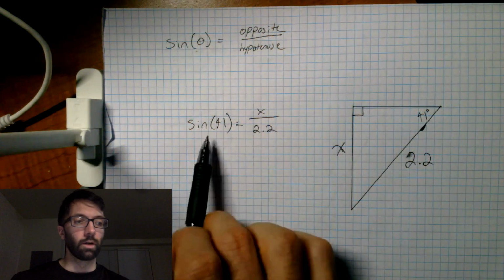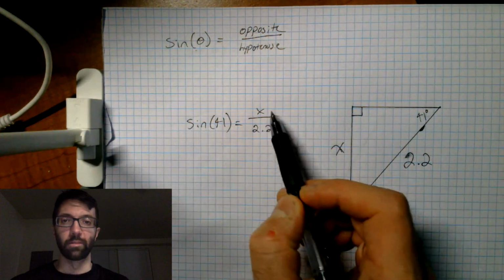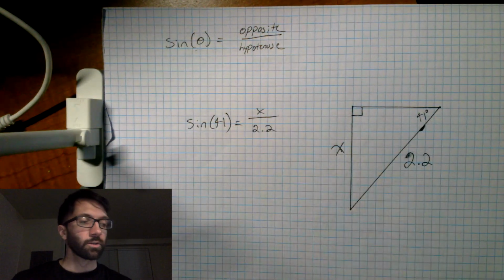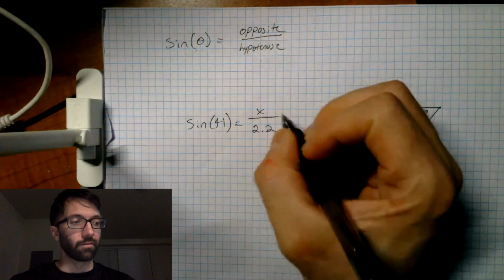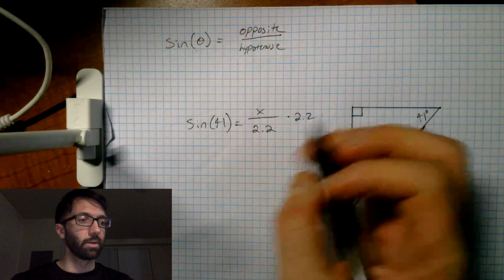So I'm going to hold off on the calculator and just worry about getting x by itself. To do that, I multiply both sides by 2.2 to cancel the denominator.